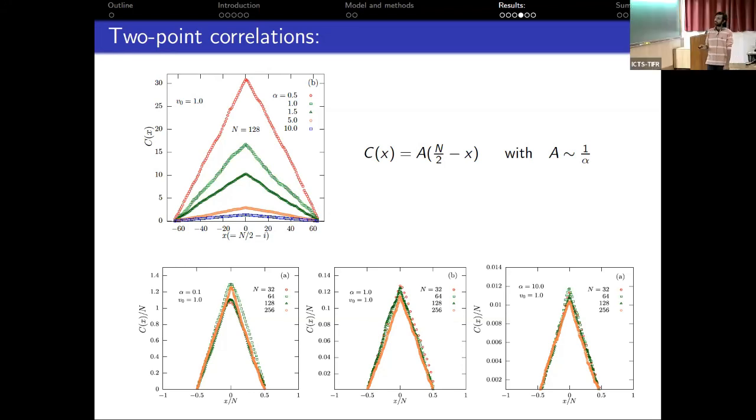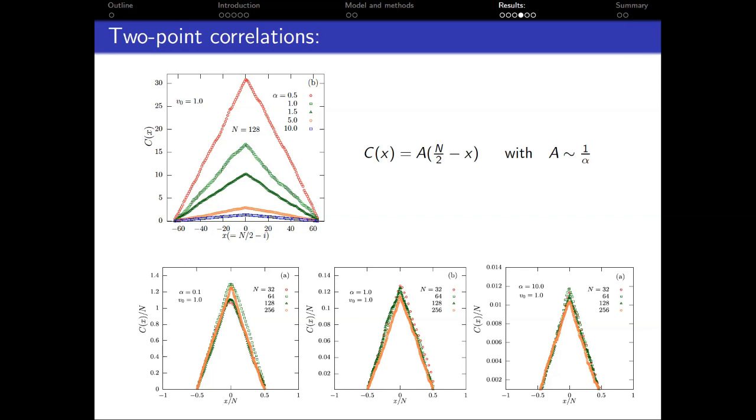No, we basically scaled C of x by n and x by n, and then we can see that at x by n equal to half, it goes to 0, and this decays as minus x, basically. Okay, at x equal to n by 2, it is 0.